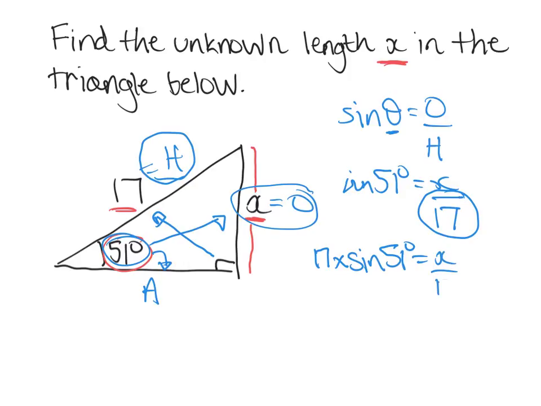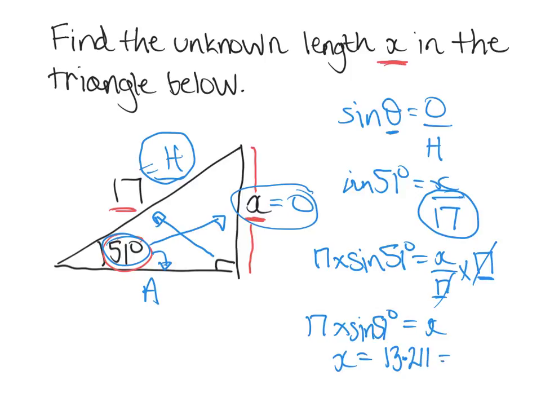If we multiply by 17 on both sides, we keep the equation balanced, and dividing by 17 and multiplying by 17 cancel each other out. That just leaves x, and we end up with 17 times sine of 51. If you put that into your calculator, you should find it equal to 13.211. We can approximate that to two decimal places: it's closest to 13.21.